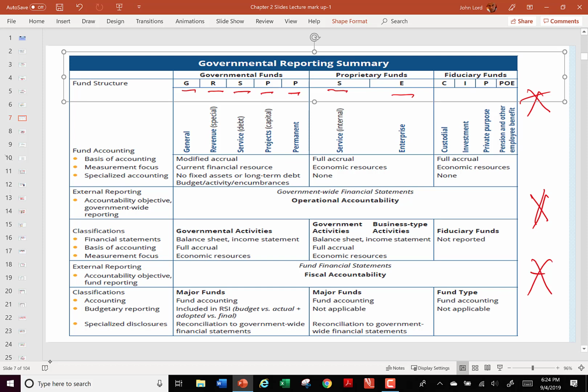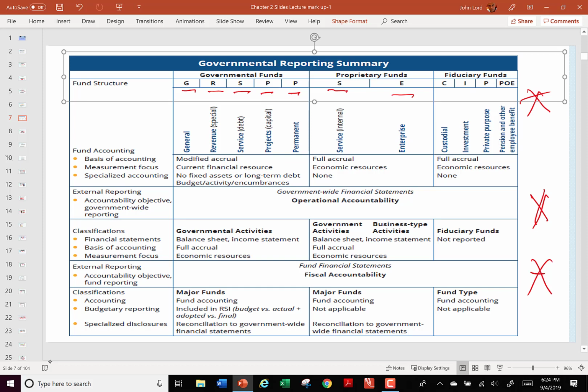I know they give us O and E for the specific type of pension funds, pension and other employee retirement benefits. Just remember pension, okay? And so that mnemonic is pronounced GRASP C KIP. GRASP C KIP, okay?